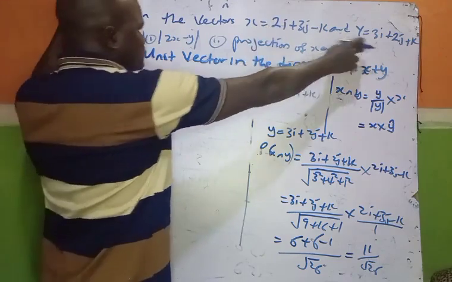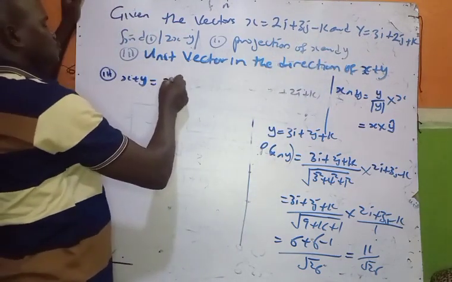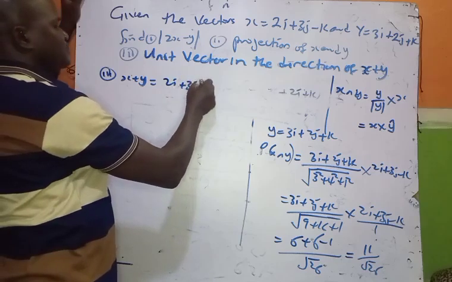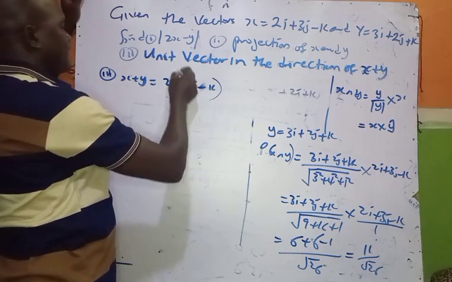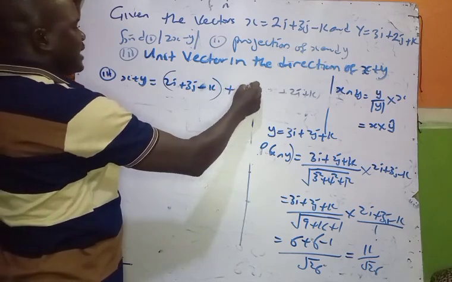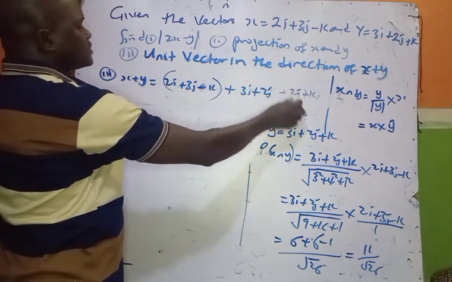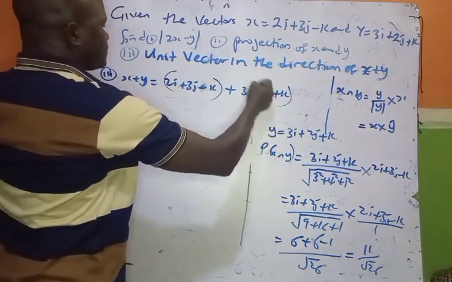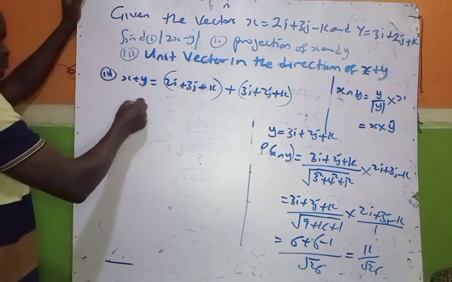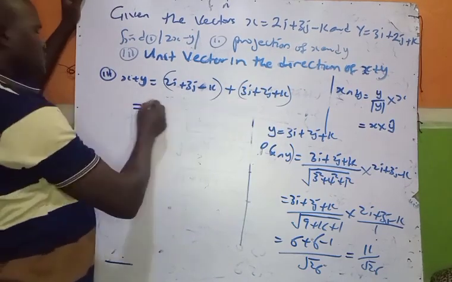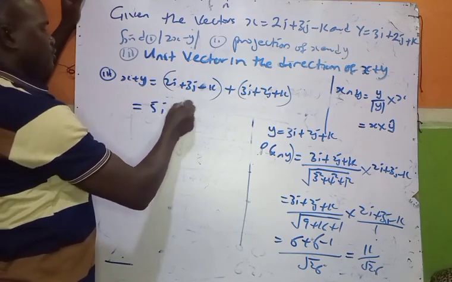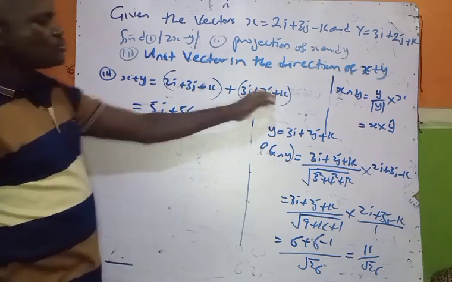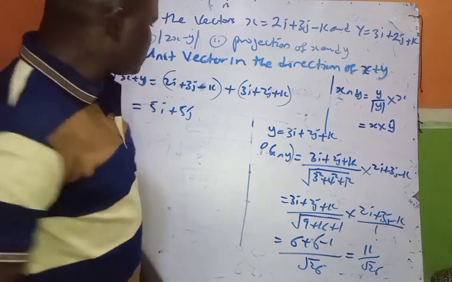Here you have 2i plus 3i, 3j plus 2j, and minus k plus k. So you add them together. So this one is going to give you 5i plus 5j, and minus k plus k, that's 0.